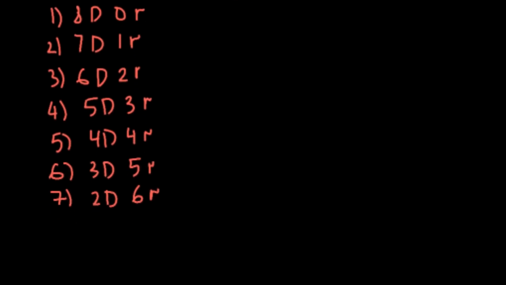And combination number 8 would be 1 dominant allele and 7 recessive alleles. And the last combination would be 0 dominant alleles and 8 recessive alleles. So as you see, again we got 9 different classes.